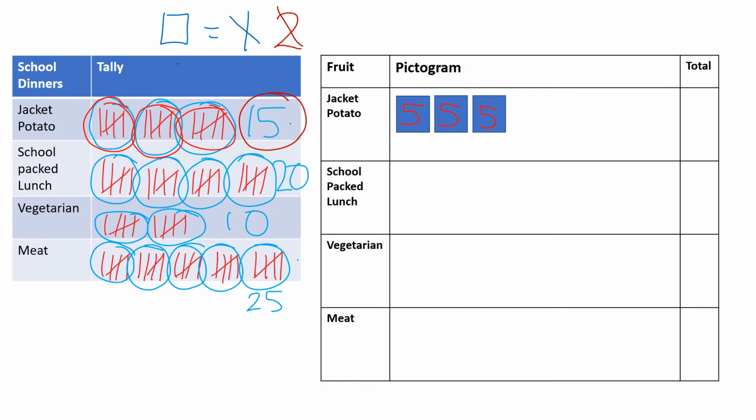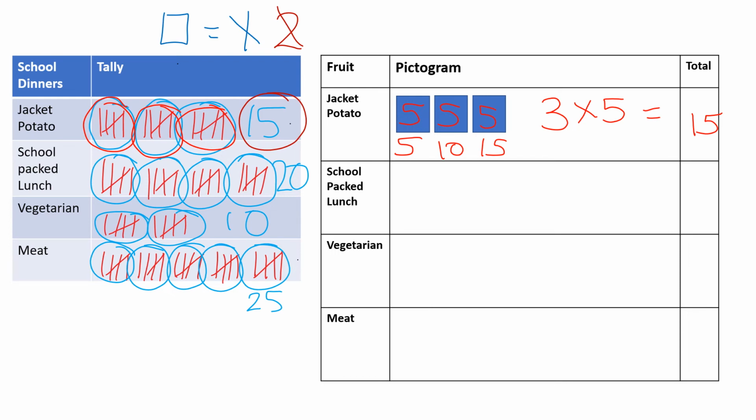And if you add those up, 5, 10, 15. So you only need 3 squares, but each square is worth 5. And if you times them, you know that that will make 15.